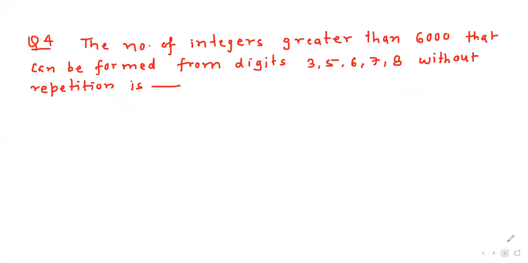Now consider next question. The number of integers greater than 6,000 that can be formed from digits 3, 5, 6, 7, 8 without repetition is. So consider its answer.